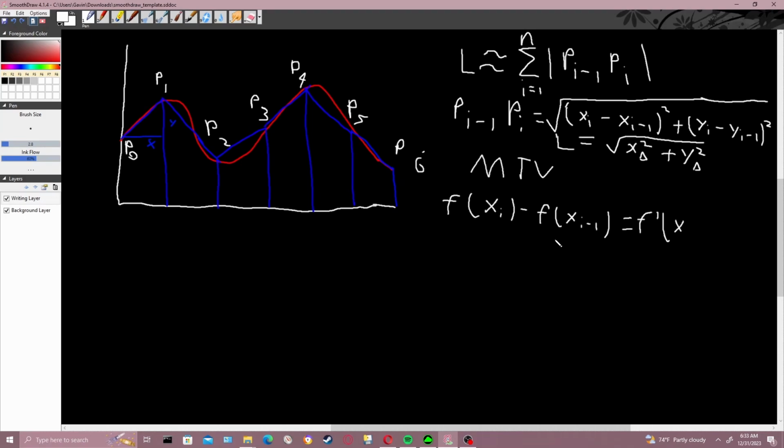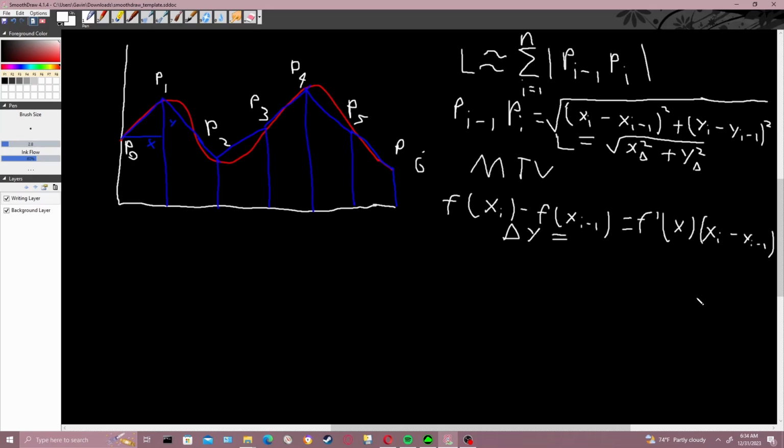And such that f prime x times x_i minus x_{i-1}. Bam. So these two should equal each other. And I think that a simpler way to write this would be that f of x_i minus f of x_{i-1} is equal to the change in y.